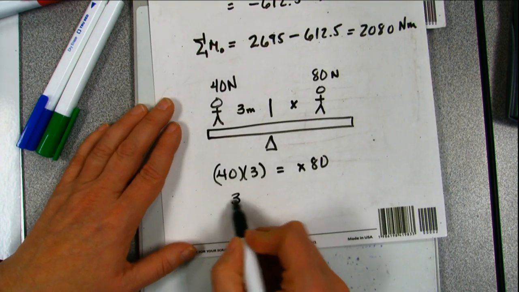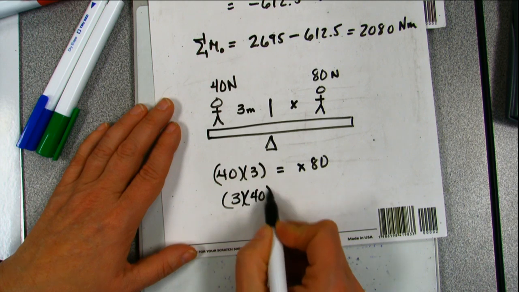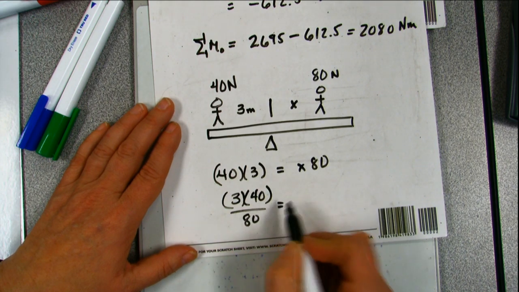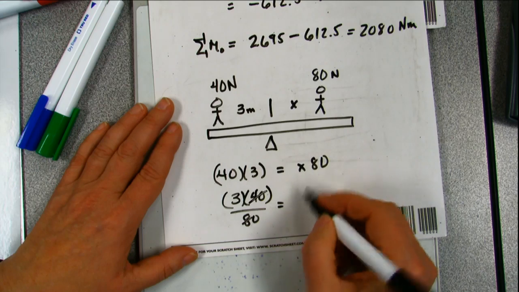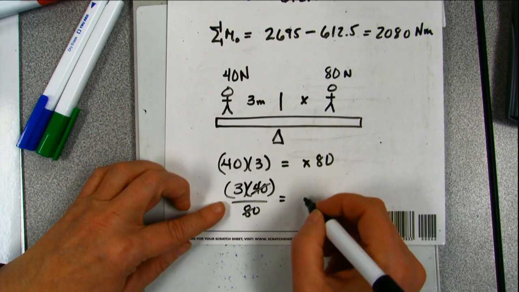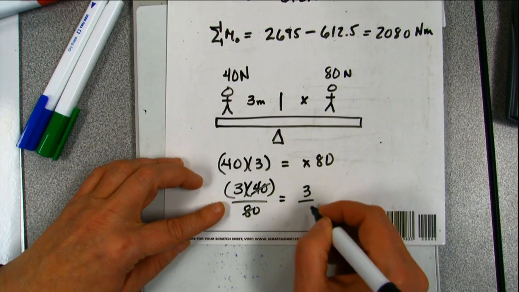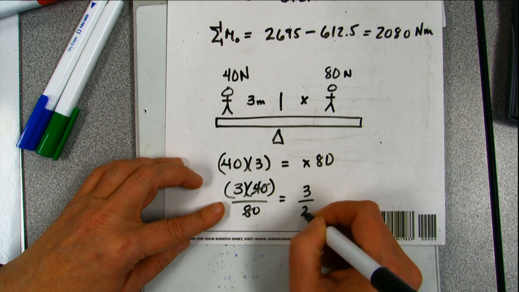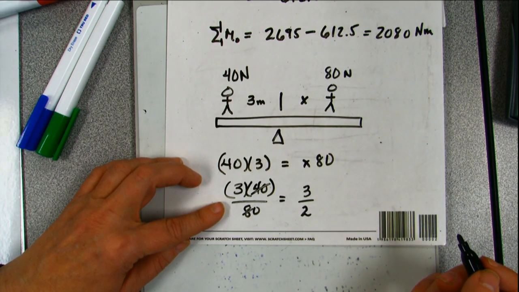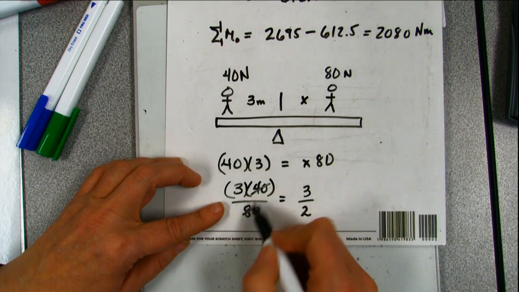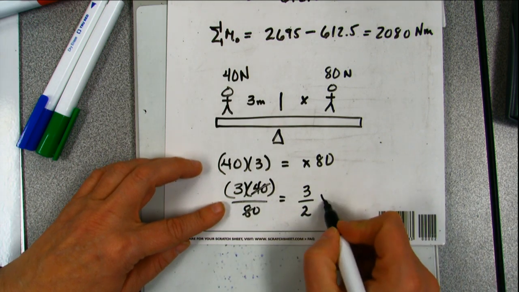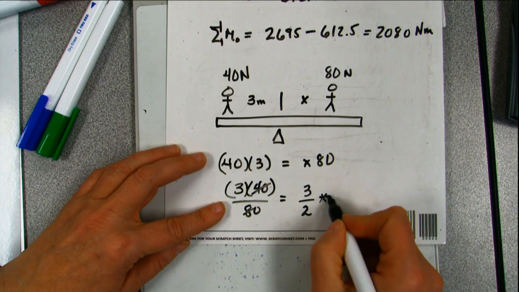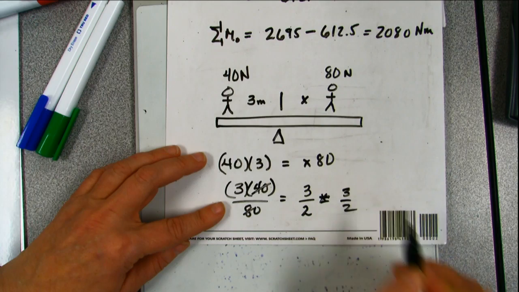So x is 3 times 40 divided by 80, which is 3 divided by 2. 40 goes into 80 twice, so x is 3 divided by 2.